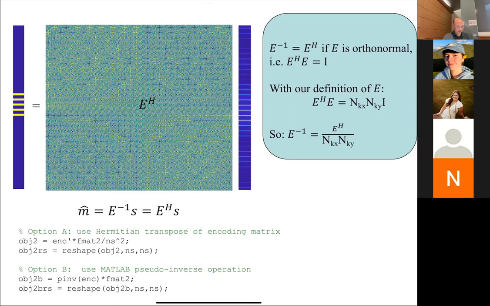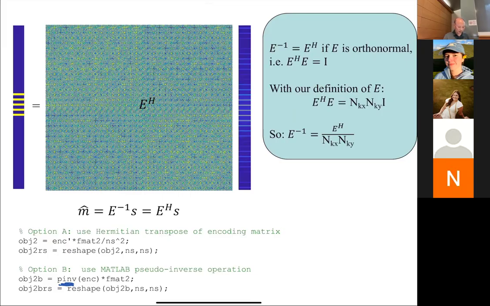So we already looked at this case. In the case where the number of equations equals the number of unknowns, you can simply take the inverse. One way of taking the inverse is that in MATLAB, you can always say, take the pseudo inverse of my matrix. Pseudo inverse is nice because if it's a square matrix and the inverse exists, it'll just take the inverse. If it's a rectangular matrix, it'll do one of the operations we'll talk about later.